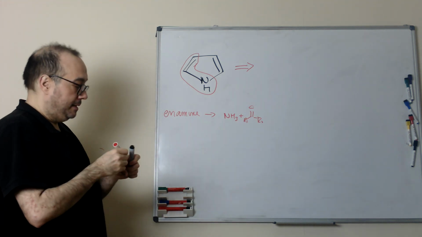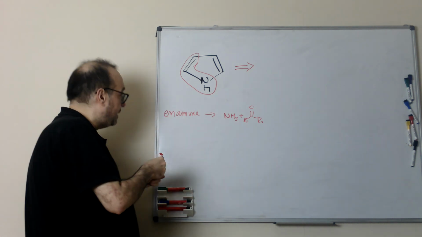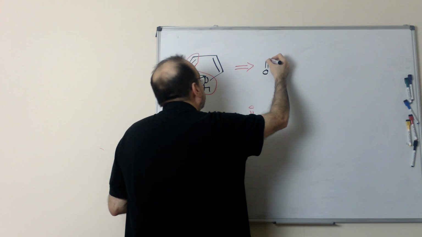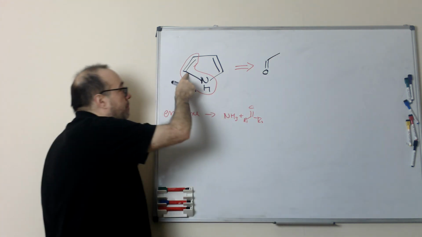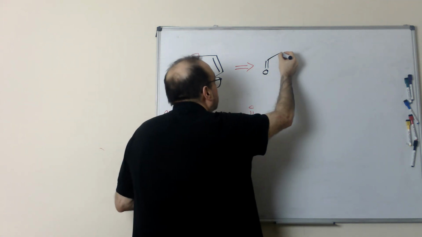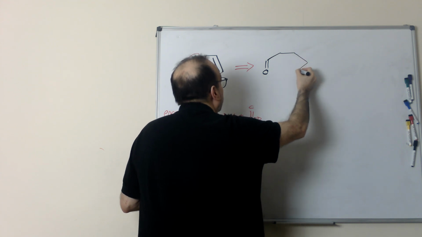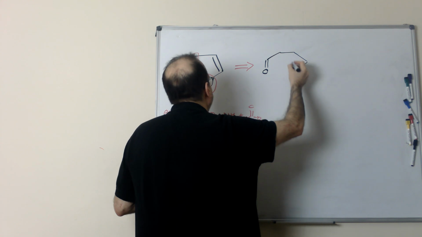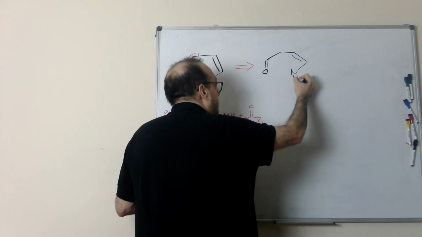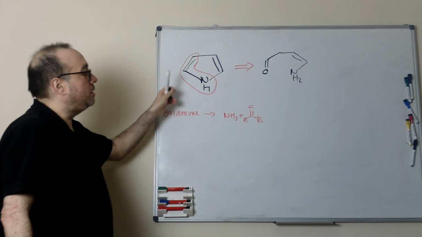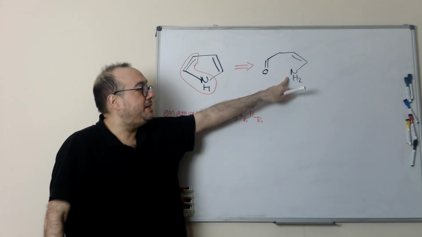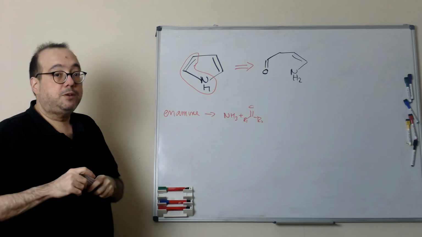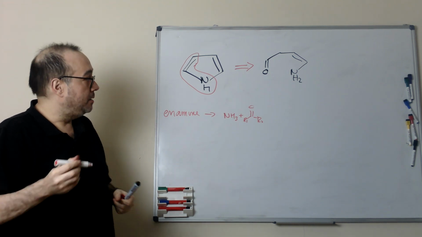That means we can break this, and what we can do is put a carbonyl in this position. This can come from the formation of the enamine between this amino and this carbonyl group. What next?